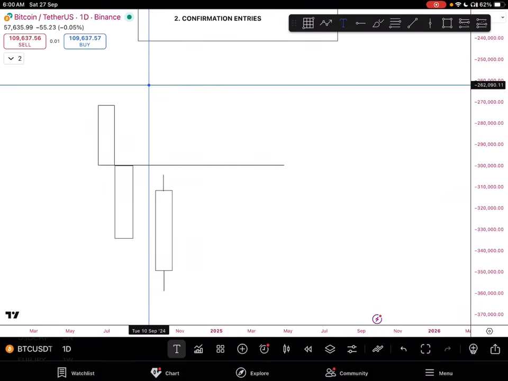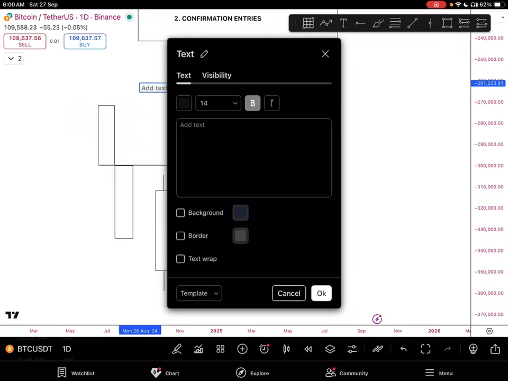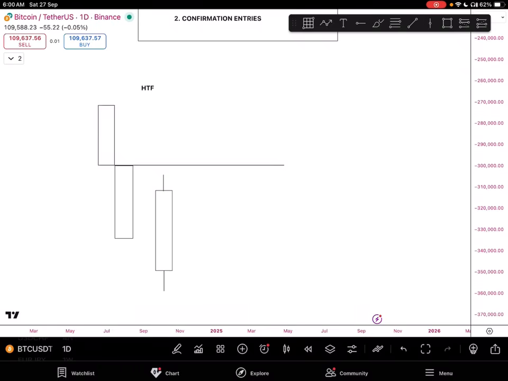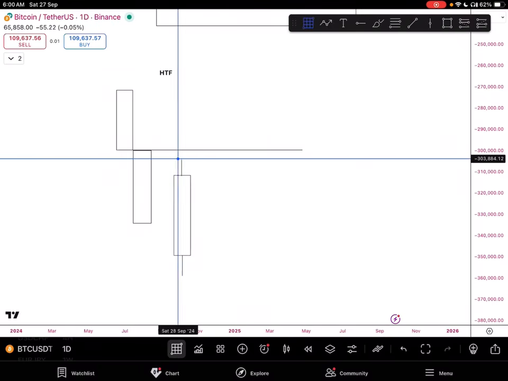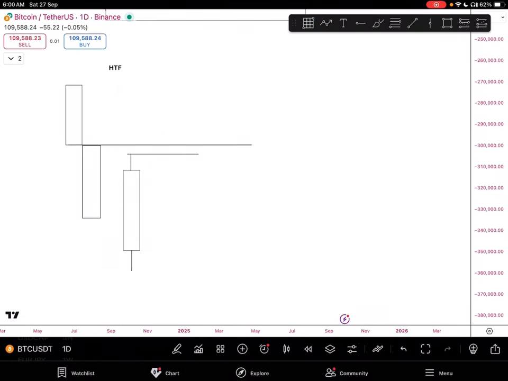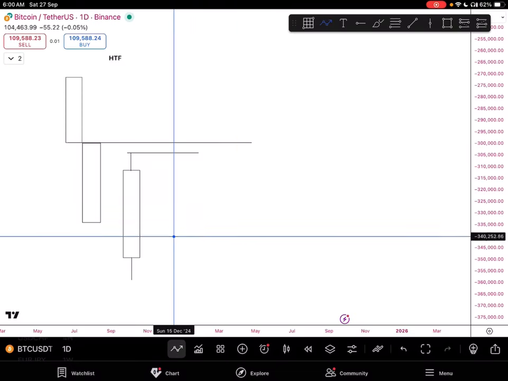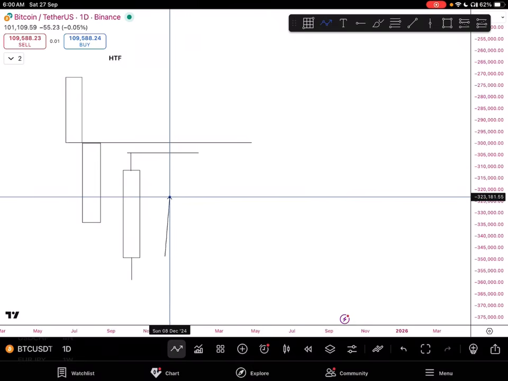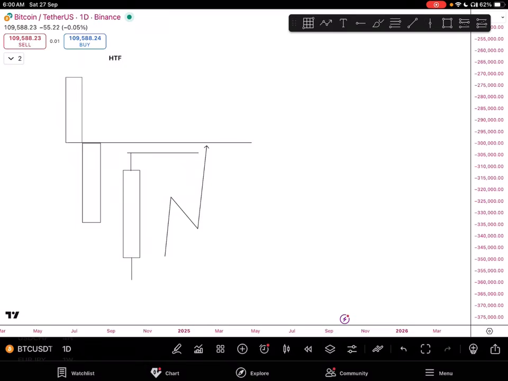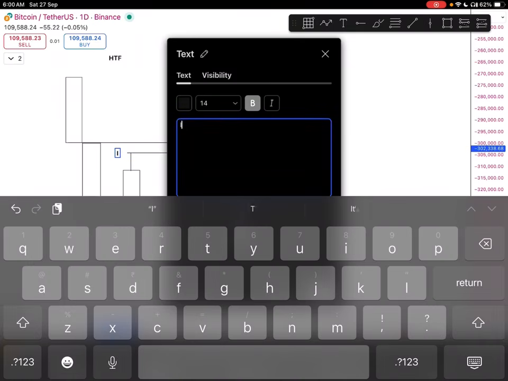So consider this is the higher time frame. Okay. Assume this is the situation. The price came to reach our internal range liquidity. So this is internal range liquidity here.